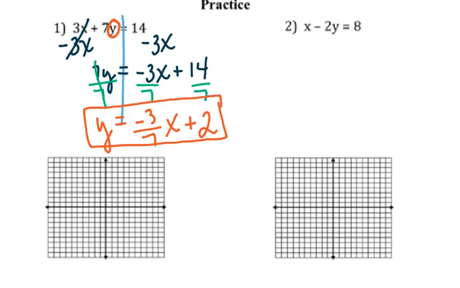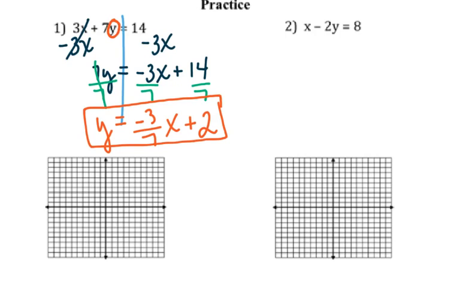Voila, 2 steps. Once you get everything set, we move the x to the other side. That was a positive 3, so I had to subtract 3x. Subtract 3x. Divide by the number attached to the y. That's called a coefficient. We divide by the coefficient.